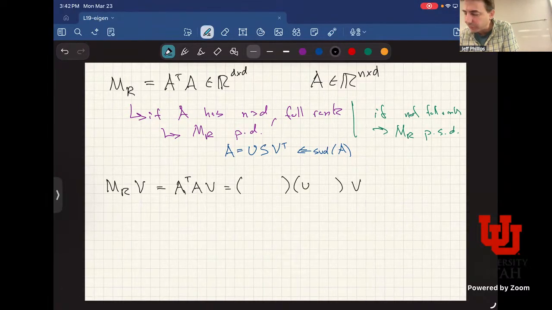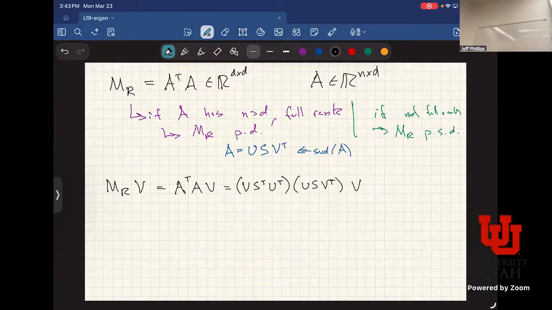Remember, this was U S V transpose, right? That's how I expanded A. When I expand the transpose of A, you do a decomposition and you transpose it. You reverse the order and you transpose everything. So that means that this is V S transpose U transpose.